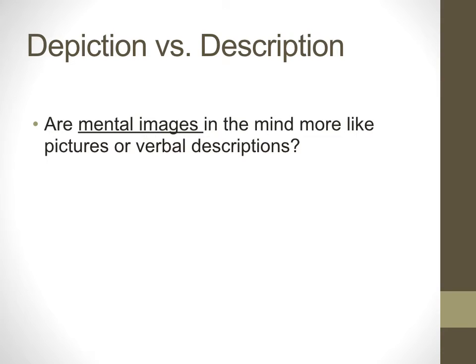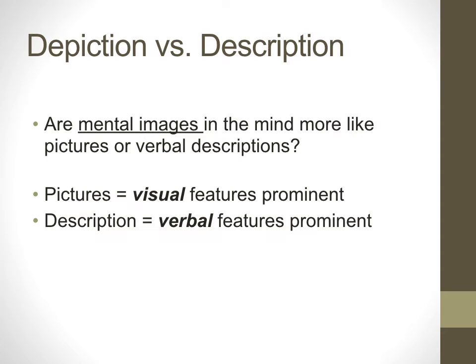Okay, so I want you to think of a mental image about something. It can be whatever you'd like it to be. And I want you to think about whether that image in your mind is more like a picture or a verbal description. Just to give you some definitions, if it's a picture, the visual features are prominent. When you describe it to somebody, you're going to talk about the things that you visually see.